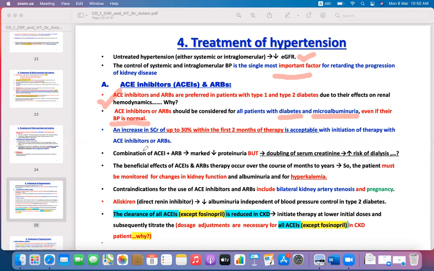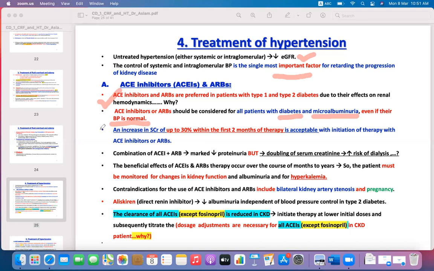Examples of angiotensin converting enzyme inhibitors are captopril, lisinopril, and others ending in pril, and examples of angiotensin receptor blockers are losartan, valsartan, candesartan.